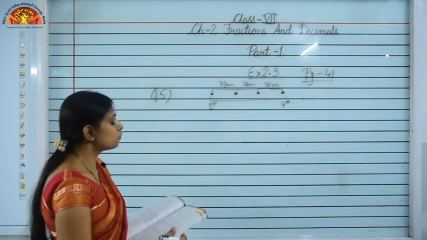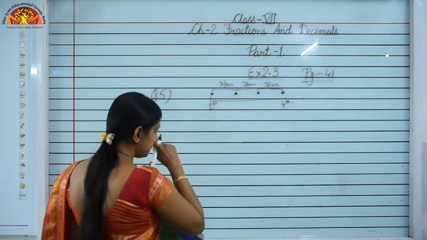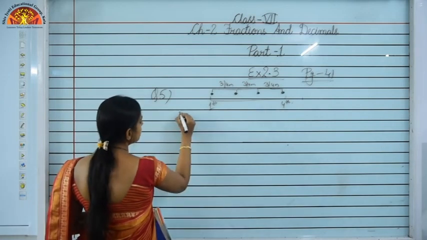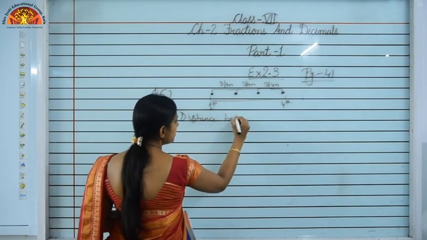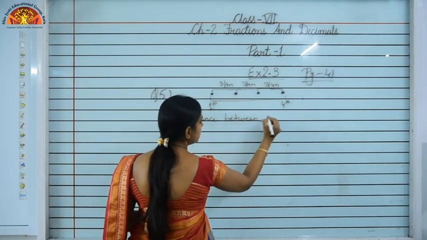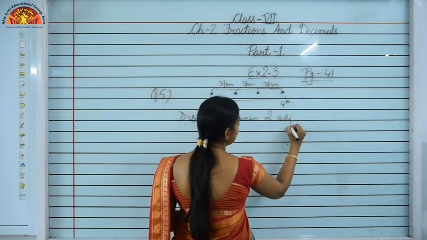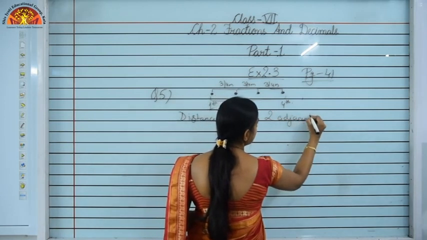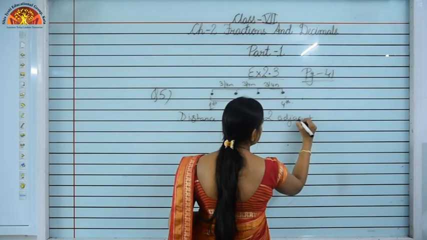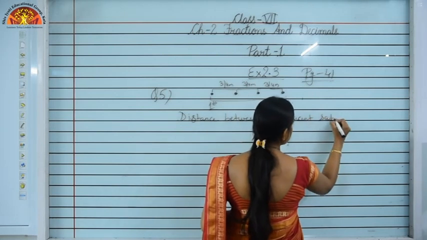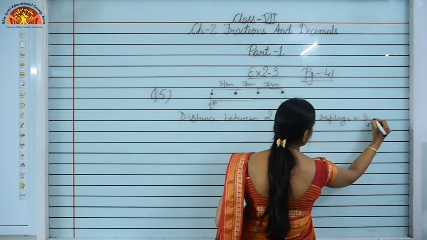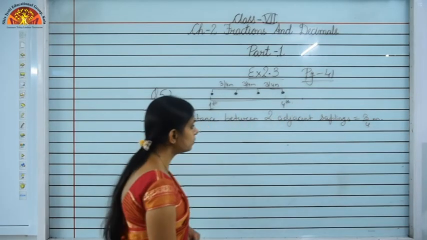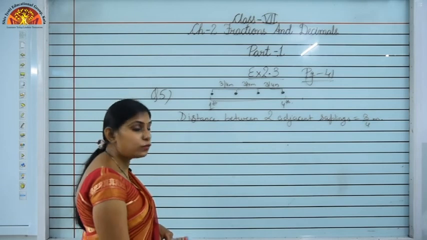Is it clear? So what we have to do? First we will write distance between two adjacent saplings is equals to 3 upon 4 meters.